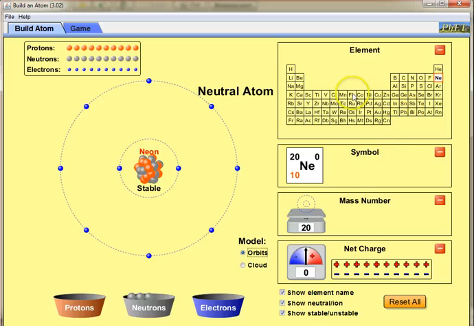Now let me ask you one question. If we go from, let's say, lithium to sodium, which one has the larger size? Okay, larger size, lithium or sodium?